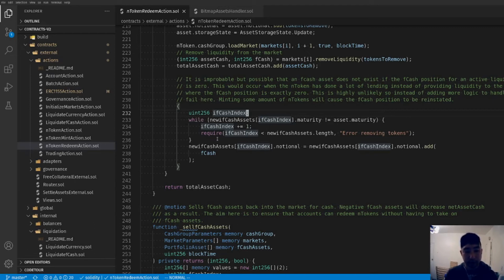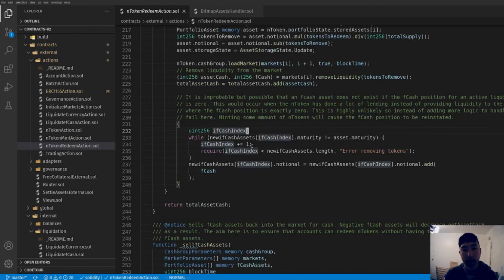If this does happen, any bit of lending on that particular maturity on that particular Fcash market will move the residual off of exactly 0, and redeeming would be okay again. But this is quite the edge case, but we do need to deal with this to ensure that we don't improperly set these Fcash assets in memory.